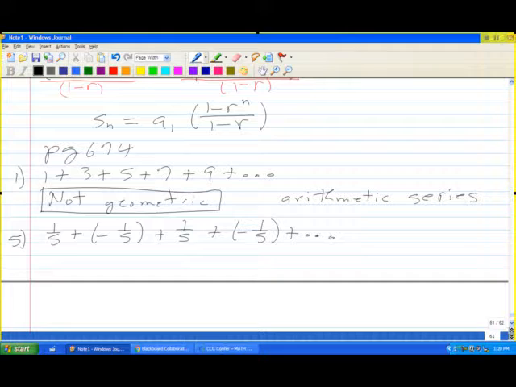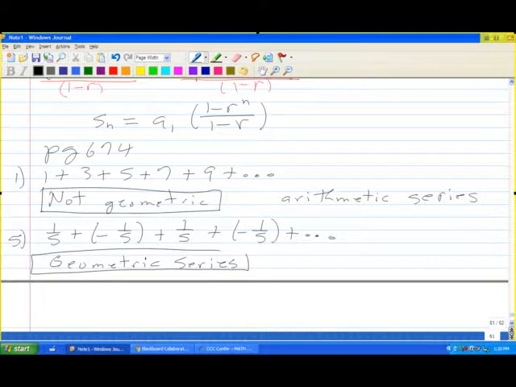So I'm adding 1/5 plus negative 1/5 plus 1/5 plus negative 1/5. This is geometric, because I'm always multiplying by negative 1 to get to my next term in the sequence. And so I'm adding up a geometric sequence. Therefore, this is a geometric series.